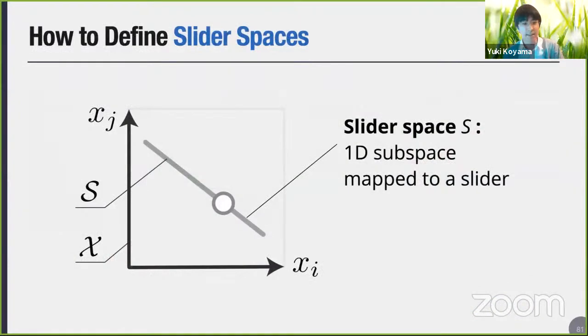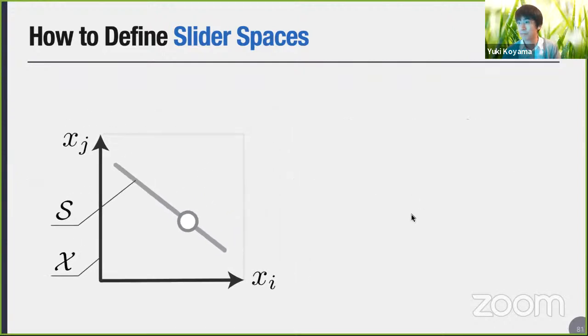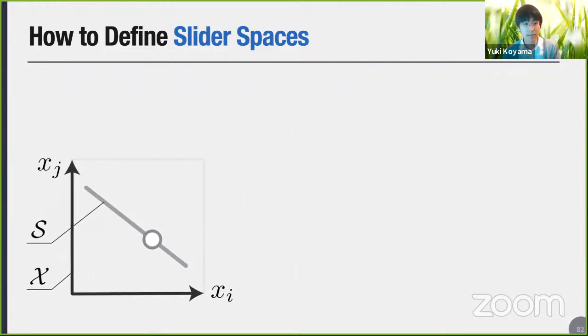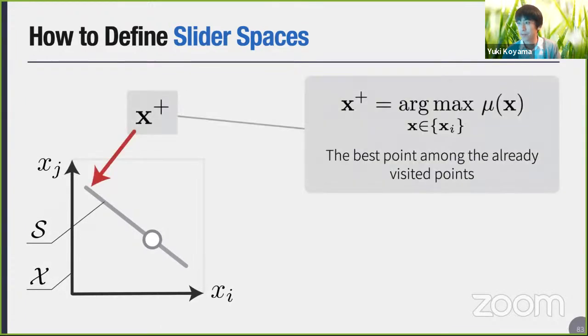So we extend the PBO to determine the one-dimensional subspace to construct a slider for each iteration. So we call this subspace a slider space. And we construct this slider space as follows. So first we choose the one endpoint called X plus, which represents the best point observed so far.